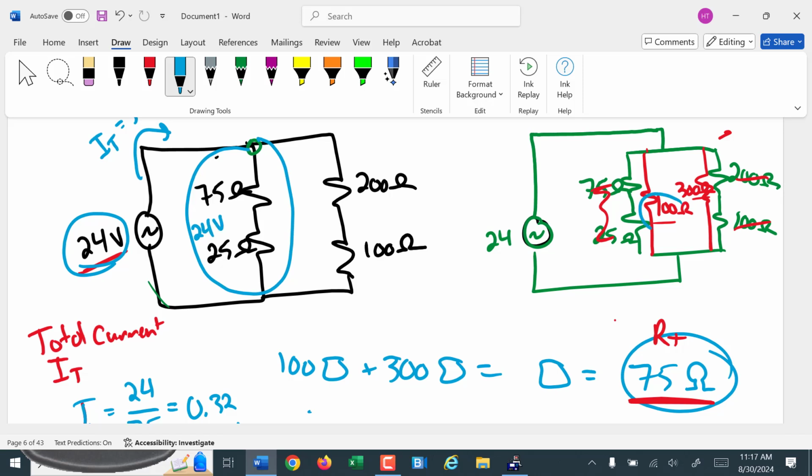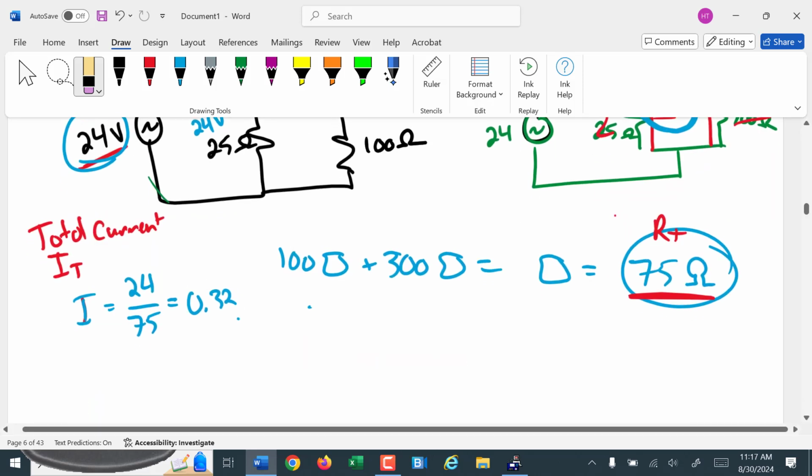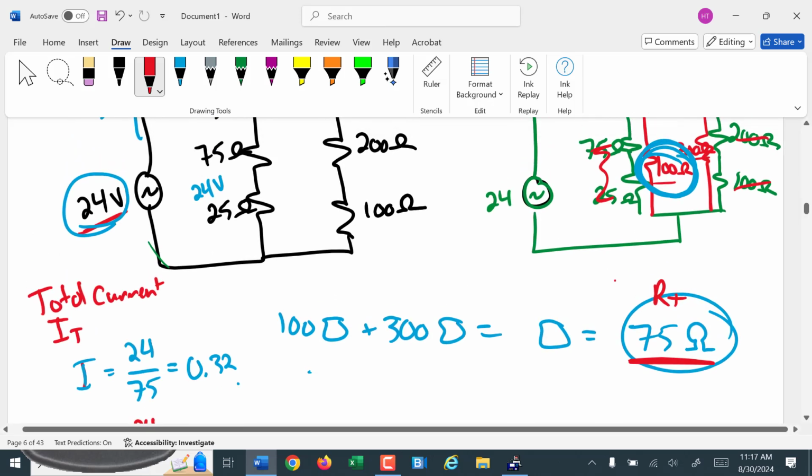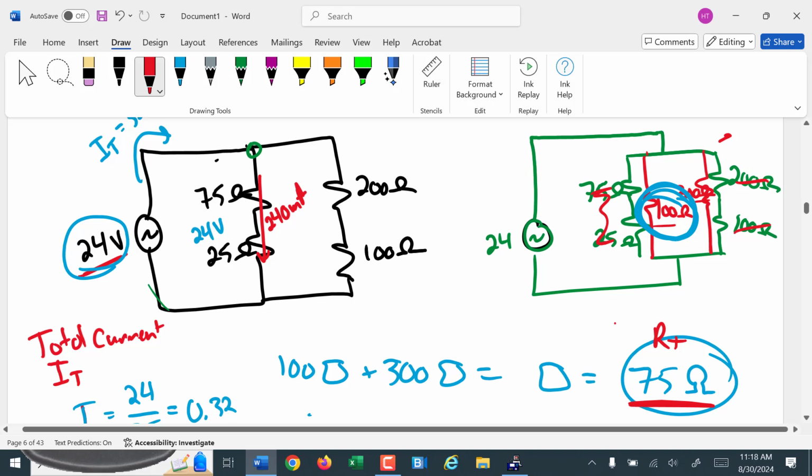Now, if I want to know the current in each resistor, remember we said the voltage stays the same. So the voltage across this branch is how much? 24 volts. It's the full voltage. So I have 24 volts across an equivalent resistance of 100 ohms. So we do the 24 volts divided by 100 ohms gives us 0.24, right?